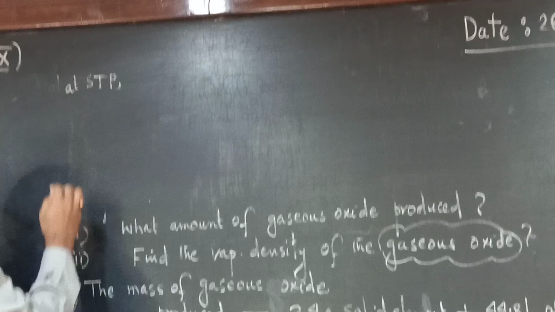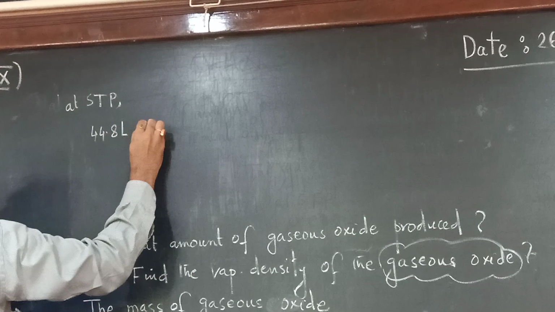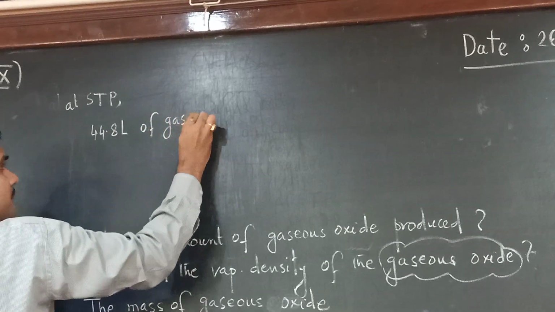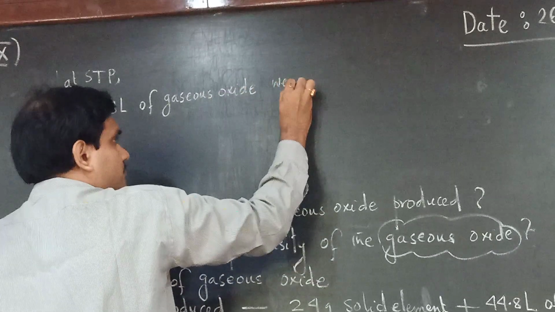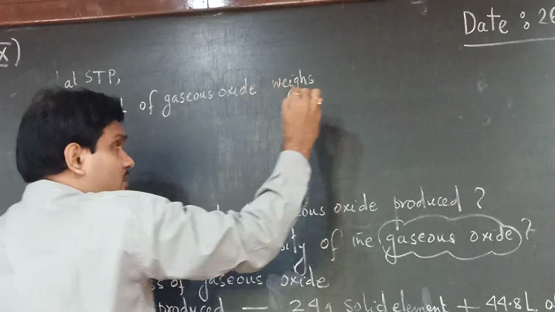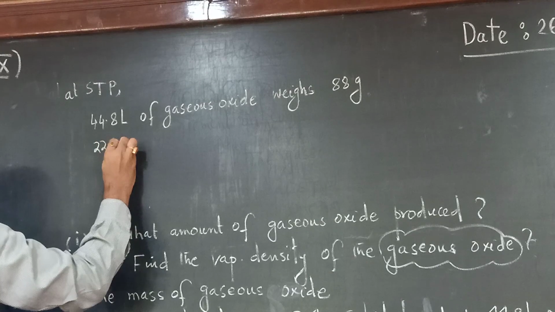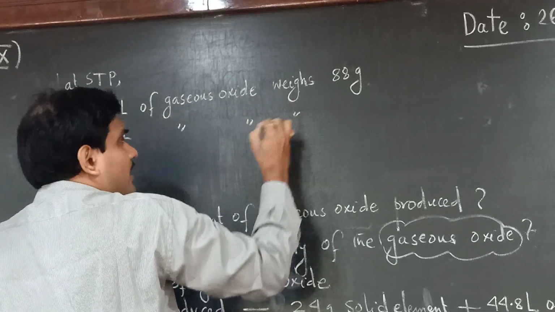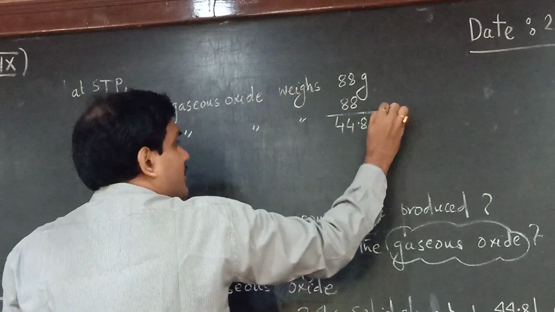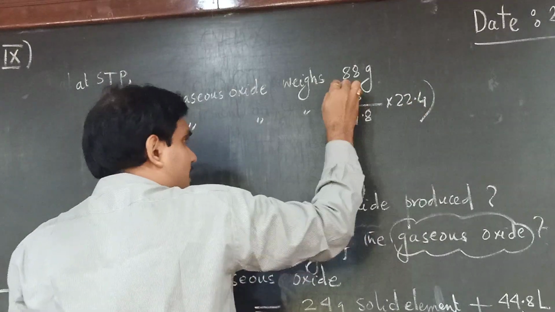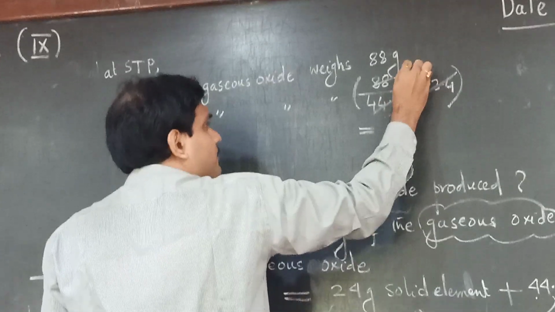So 44.8 liter of gaseous oxide weighs 88 gram. Now 22.4 liter of gaseous oxide will have the weight 88 by 44.8 into 22.4, that will be 44 gram.